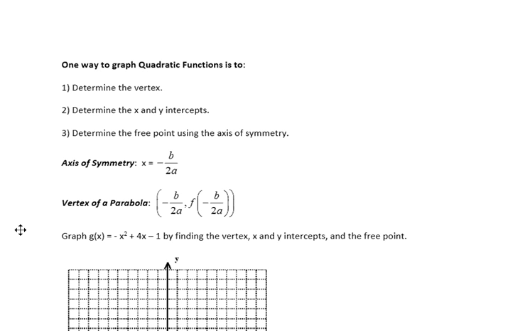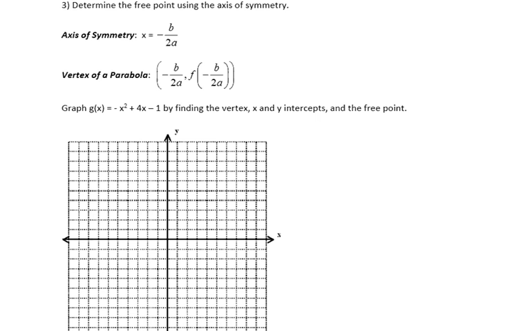So once you know the x coordinate of the vertex, all you need to do is plug that value into the function to determine the range value for the vertex. So I want to graph this quadratic function by finding the vertex, x and y intercepts, and the free point. Let's start with the vertex.